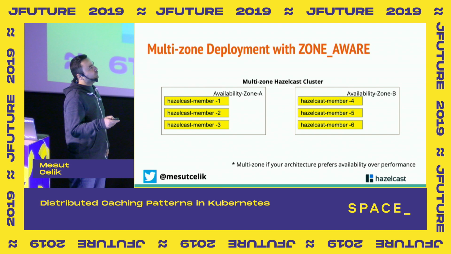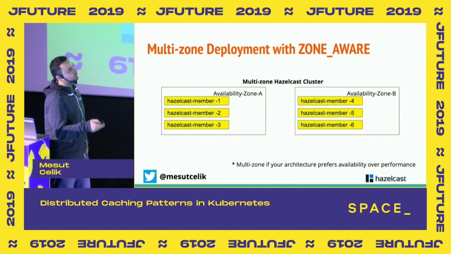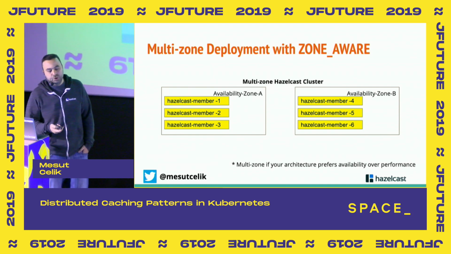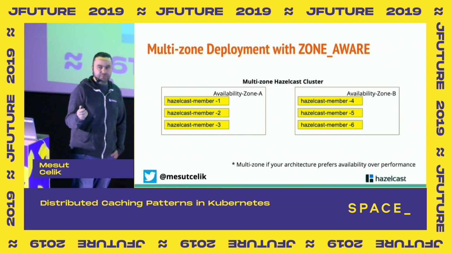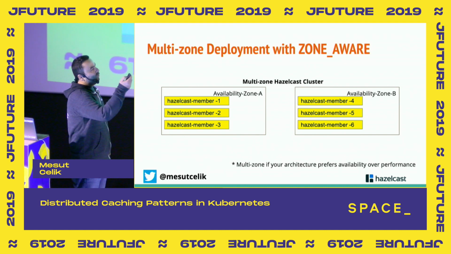If you do this, then normally on the right side, you have 3 members, and if the availability zone goes away, as we said, the backup count is 1 by default. And if all 3 members just go away, you lose some cache. So instead of having that issue, if you switch on the zone aware feature, all backups of the primary data located here will be placed here, and all the backups of those primary data will be placed here.